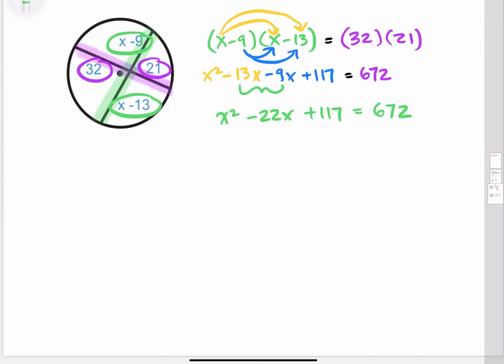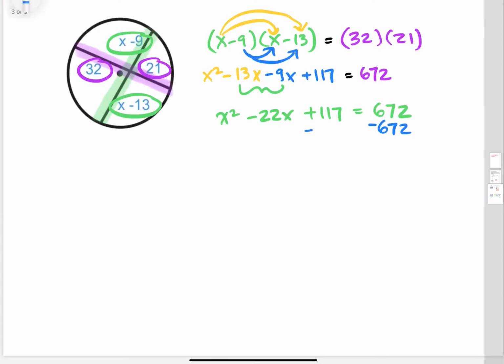So obviously, we have a quadratic equation here. So we could solve this in many different ways. You could use the quadratic formula. You could go ahead and do it by factoring. You could do it by completing the square. I'm going to do it by factoring. So to factor, that means I have to set my equation equal to 0. To set it equal to 0, I've got to get rid of this 672.